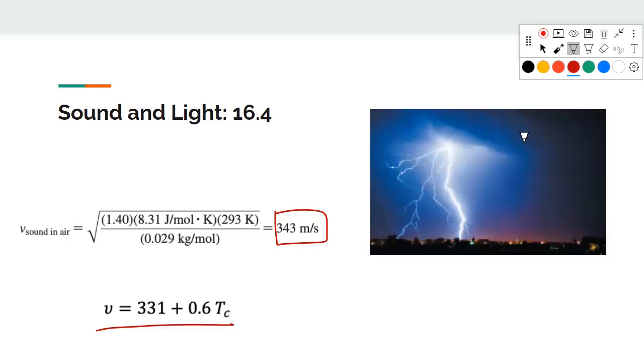And so I give the example of lightning here just because there's a common trick that many of you may have heard of, where you can see a lightning flash. Light travels much, much faster than this. And then at some amount of time later, you'll hear it as thunder. And so by comparing those two, you can roughly tell how far away that particular lightning flash occurred.